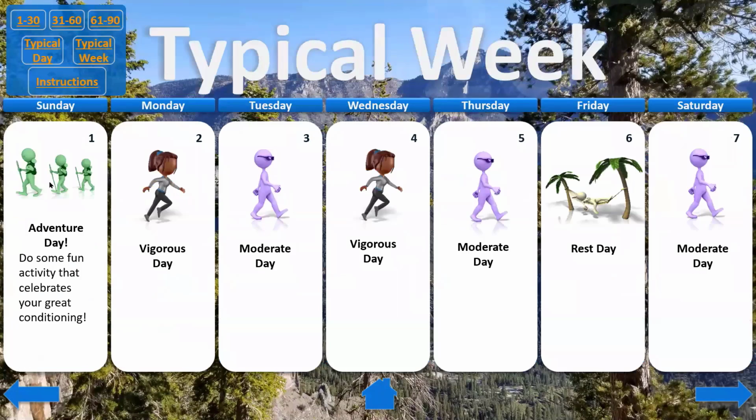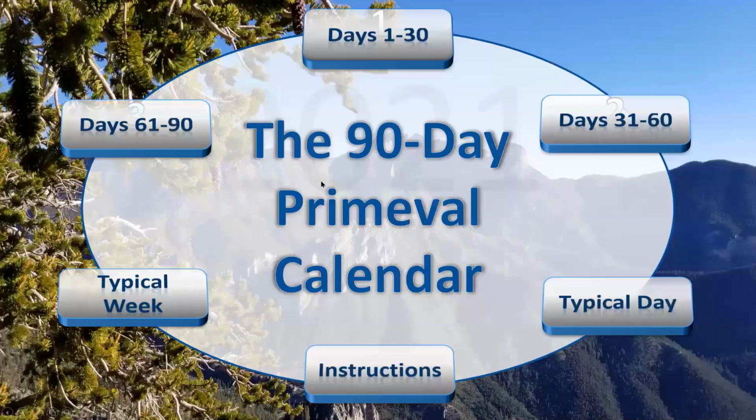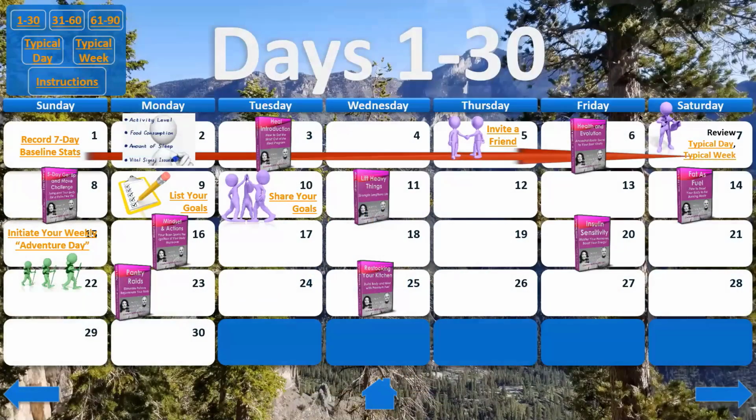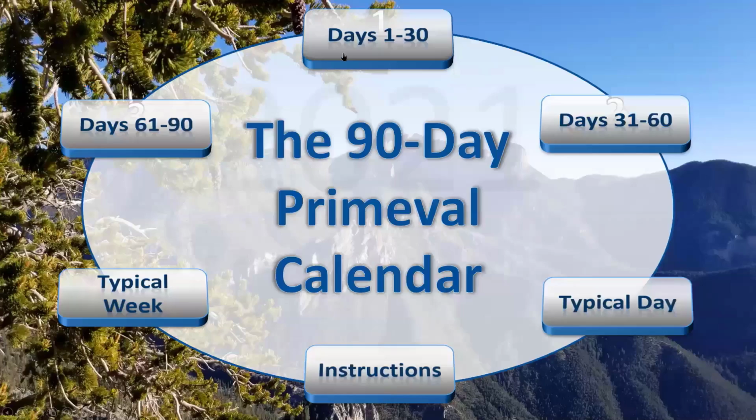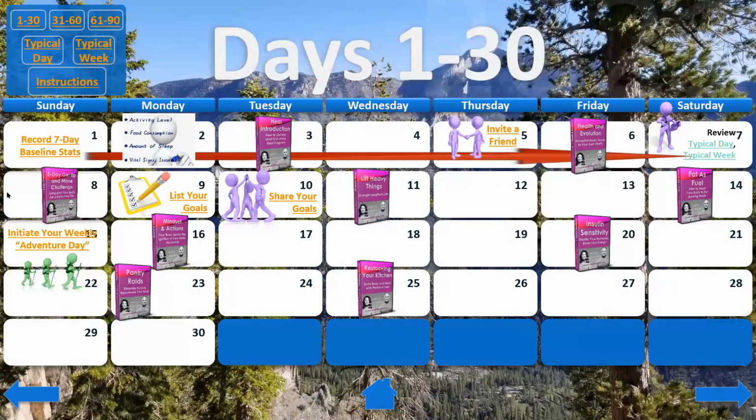Typical week. And this is where you go ahead and alternate the type of day that you have, and then also an adventure day. And then to see what a vigorous day is, a moderate day is, well, let's go back here. And you go back to typical day, and okay, this is what we mean by vigorous, moderate, and a rest day. Okay, let's go back to the home, and days 1 to 30.